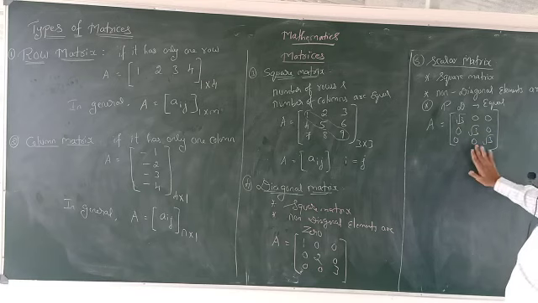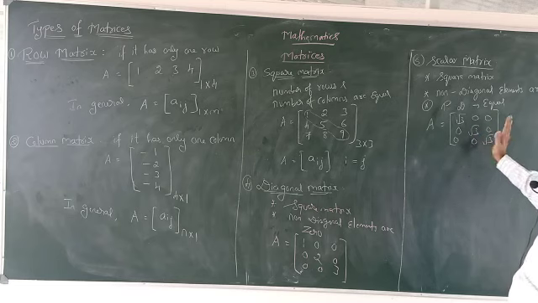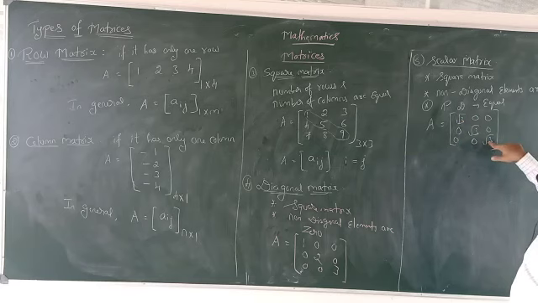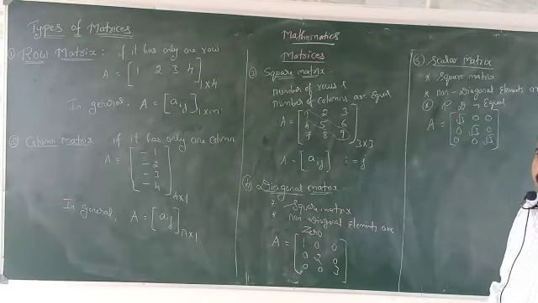The condition is satisfied. The non-principal diagonal elements are zeros, so the second condition is satisfied. And the principal diagonal elements are equal. Then we call it a scalar matrix.